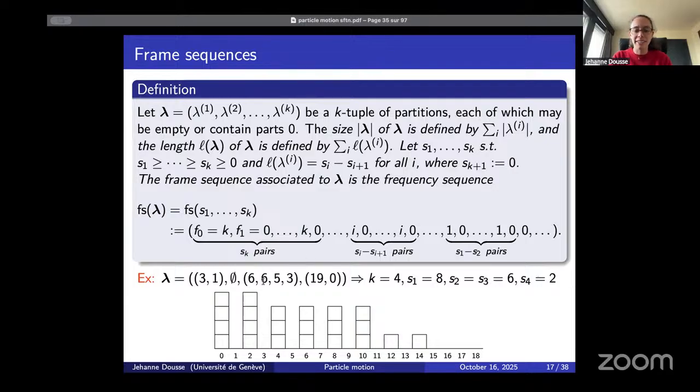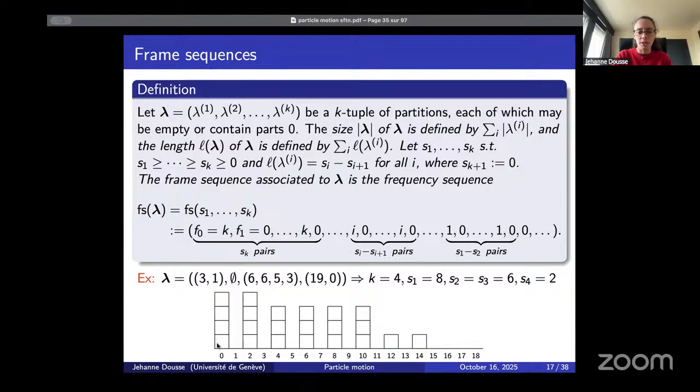Then we want this partition to have length S3 minus S4, so therefore S3 has to be 6. This one is the empty partition, so S2 is equal to S3. And this one is a partition of length 2, so S1 is 8, which is 6 plus 2. So the frame sequence that we get from this is just the following.